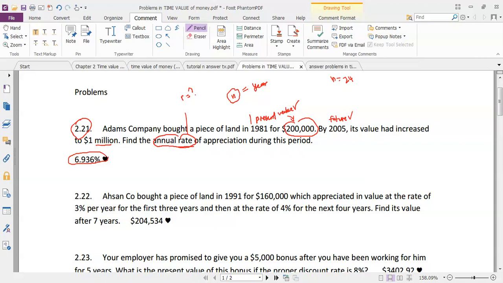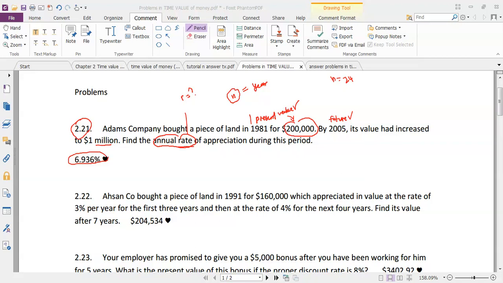Cepatlah. Which one is the future value? Is that 200,000 or is that 1 million?